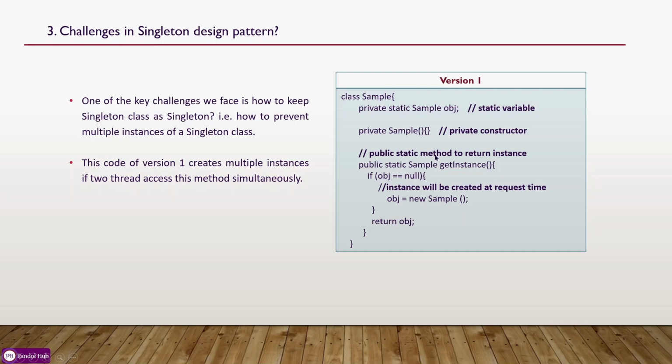And in a public static method, we are checking if the object is null, then the instance is created and returned. When two or more threads access this get instance method simultaneously, there are many chances that more than one object gets created. So the meaning of the singleton class is voided here, as more than one object is being created.